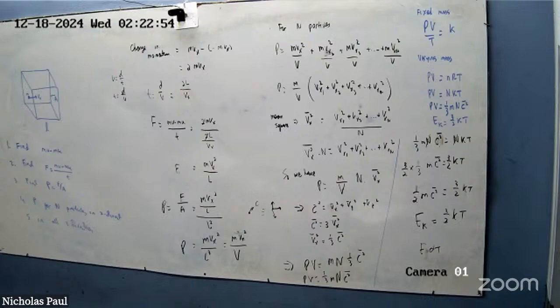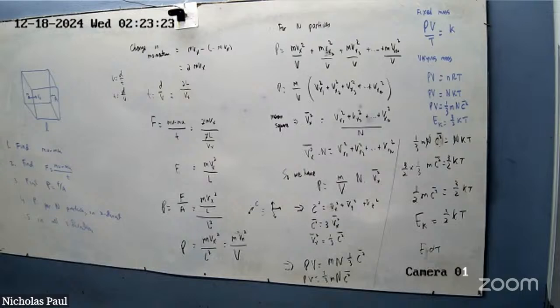Right. By the way, if this formula is average translational kinetic energy, what will be total kinetic energy? If this formula gives the average kinetic energy for one particle, let's say, what will the total be?